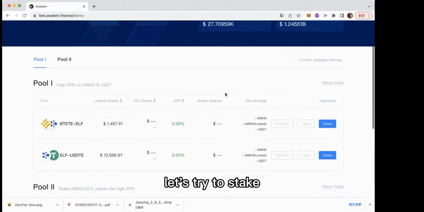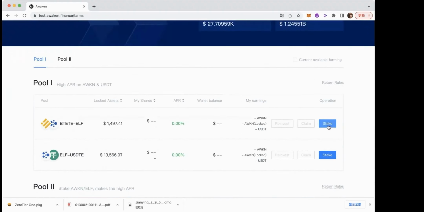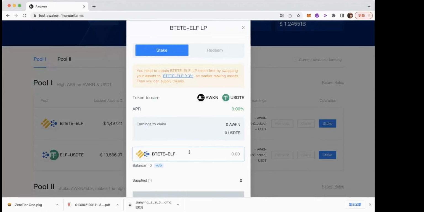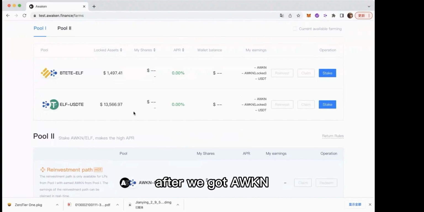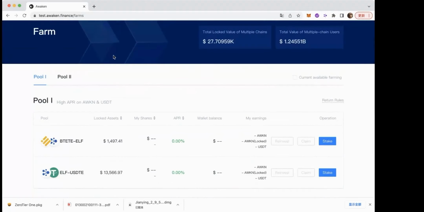Here, let's try to stake. You can check the logs and the APR. After we get our Awaken here, we can stake here.